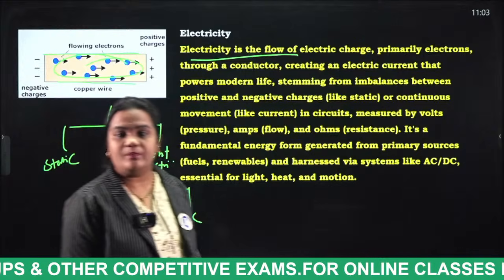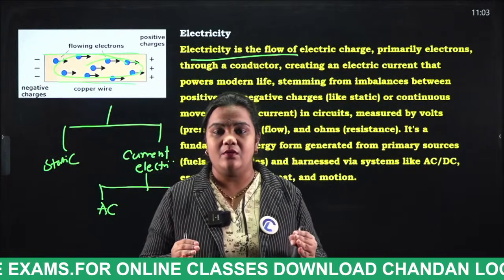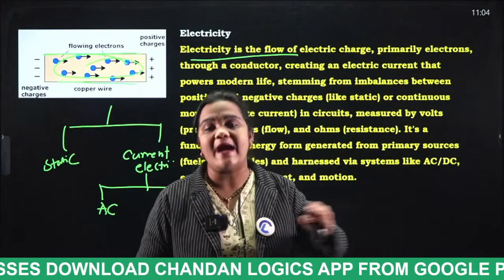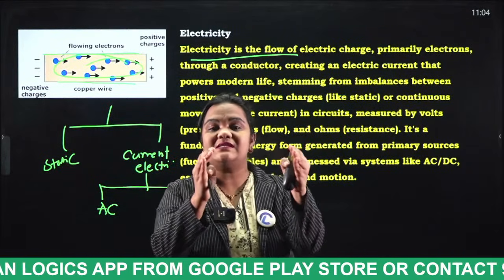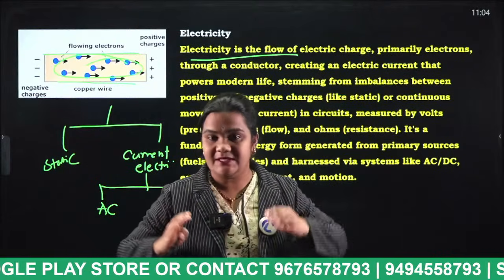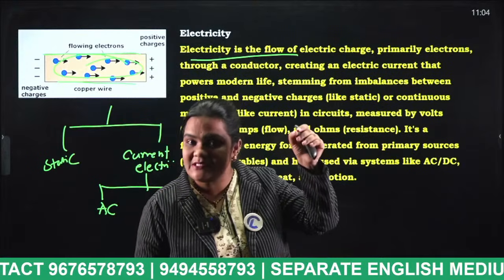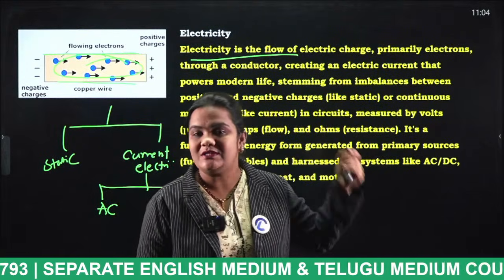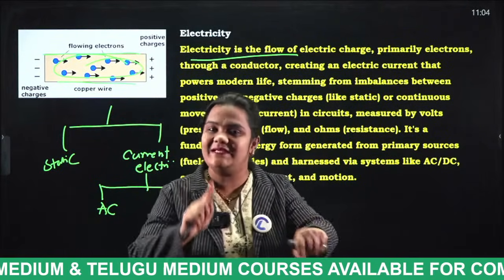So what is static electricity? For example, if two dissimilar objects undergo friction, what happens there? Electricity is generated. Even we used to play in our childhood: a person is sitting in a chair and someone beats towards him with a towel. When we touch that person, electricity is generated.